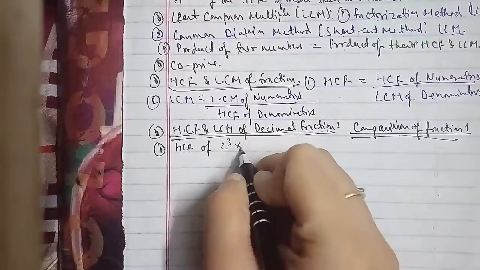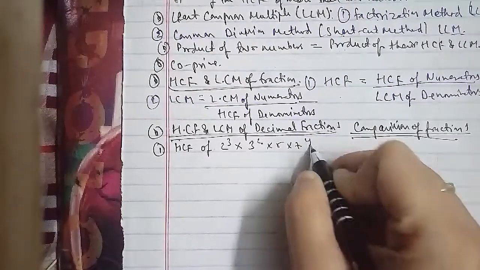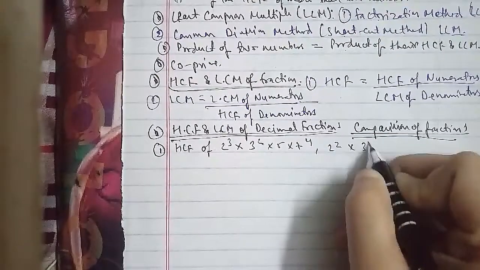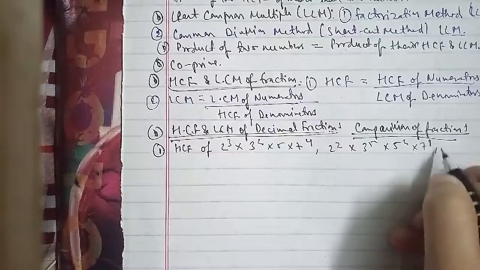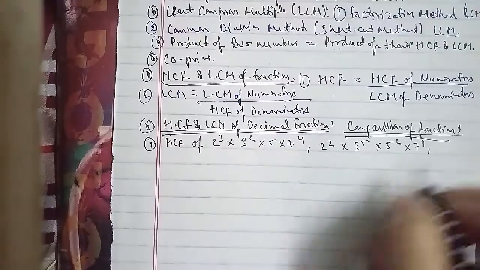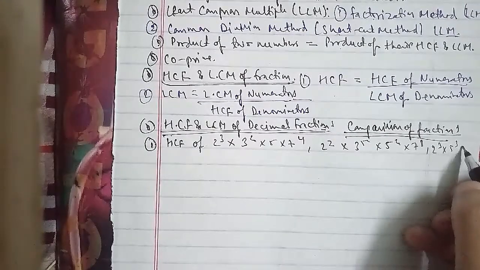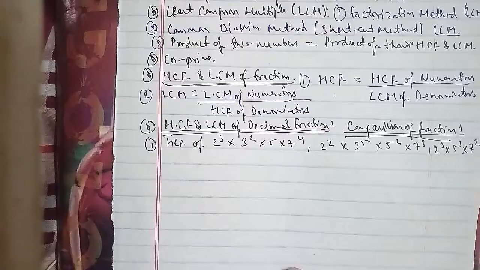So according to this question we have to solve it. I repeat, we have to find the SCF of 2 power 3, 3 power 2, 5 and 7 power 4; then 2 power 2, 3 power 5, 5 power 2 and 7 power 8; and the third number is 2 power 3, 5 power 3 and 7 power 2.